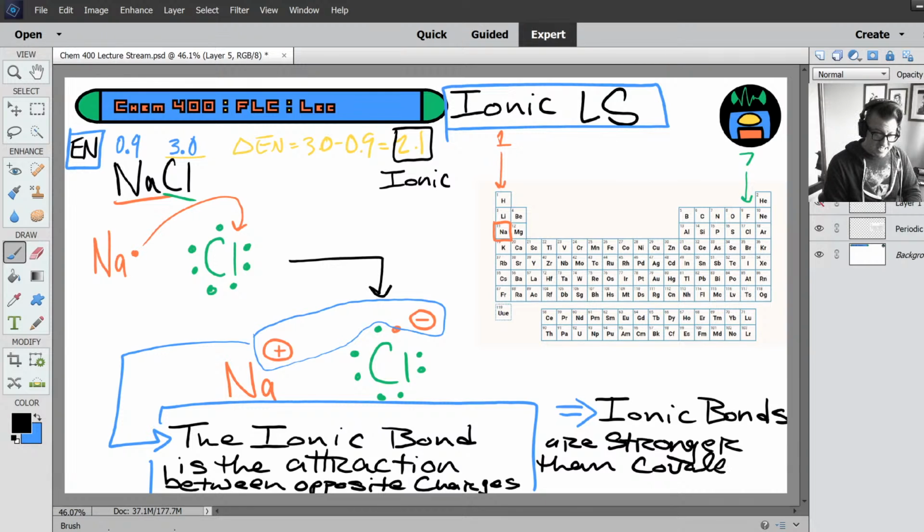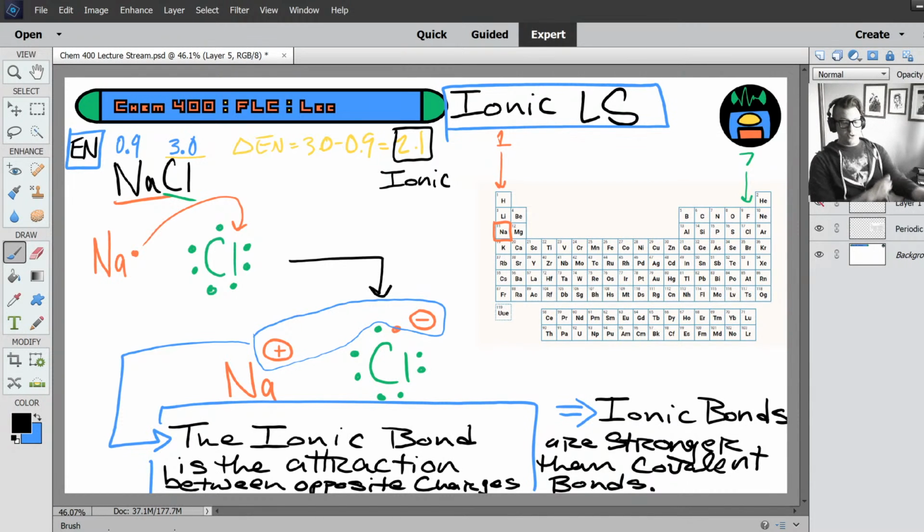I think it's easy to think of covalent bonds as being very strong things, which they are, because you see them physically attached. But ionic bonds, the attraction between that positive and negative, are actually a stronger thing than covalent bonds. So that's something worth knowing.